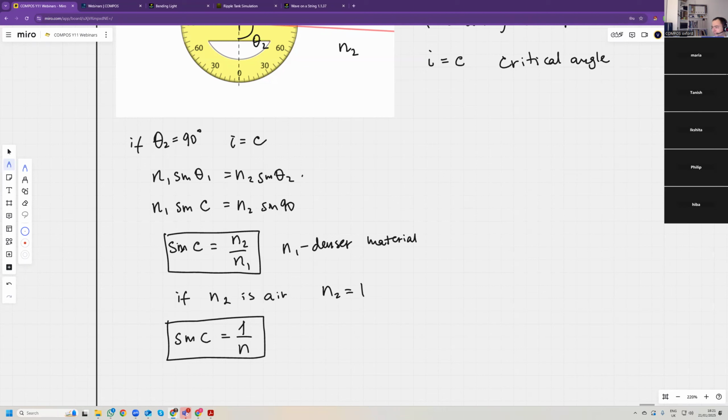Well, we will do Fermat's principle at the end. There is an explanation, but it's a little bit beyond this. It can be explained using Fermat's principle, or it can be explained using Fresnel's principle.